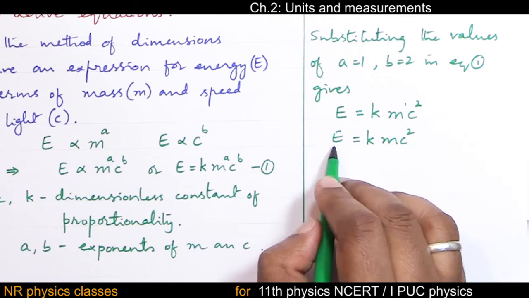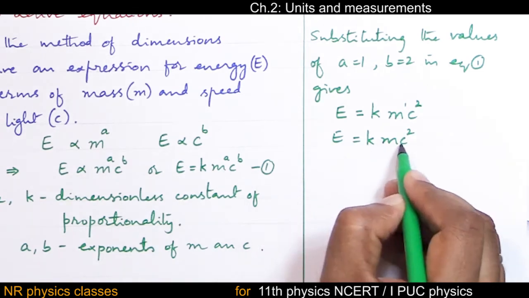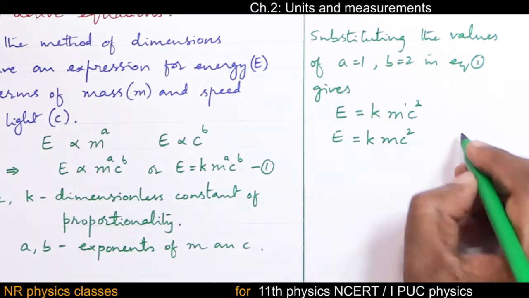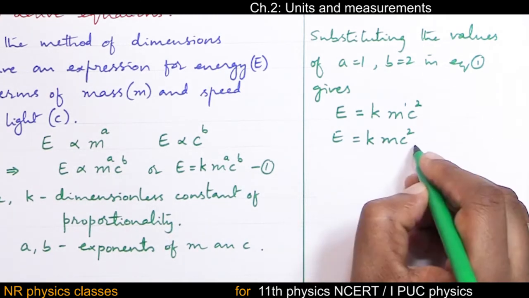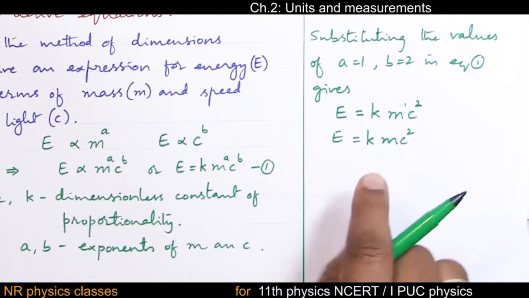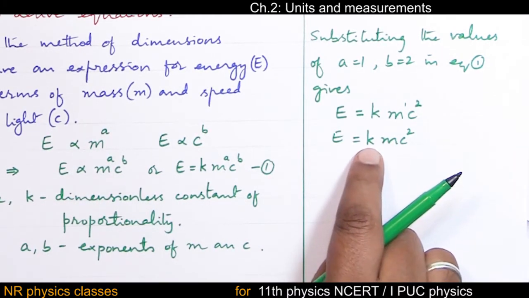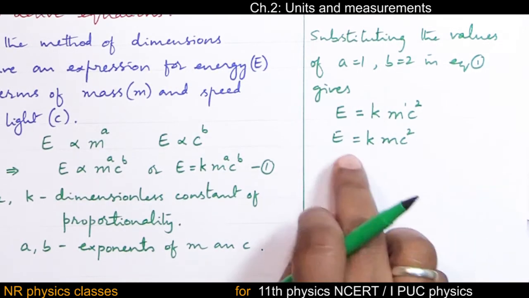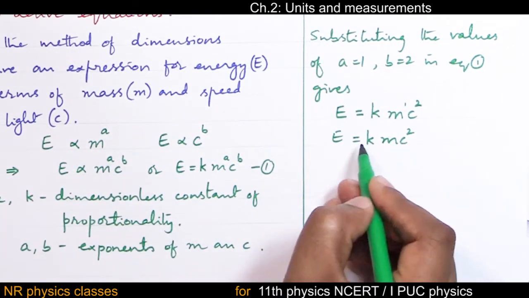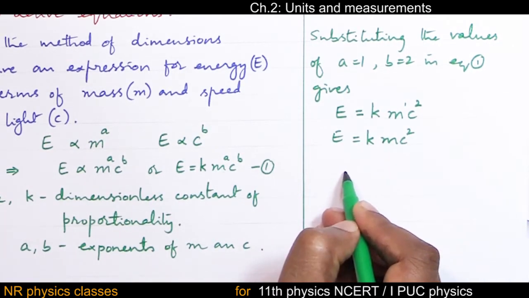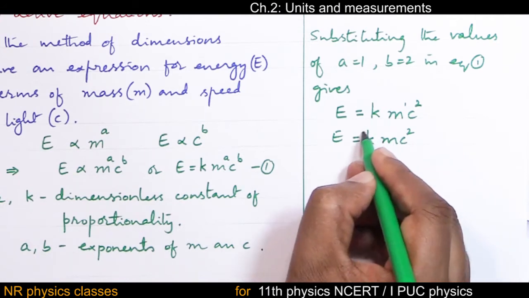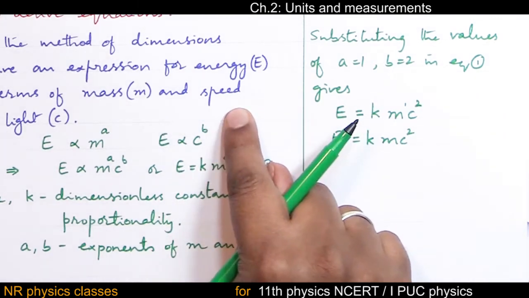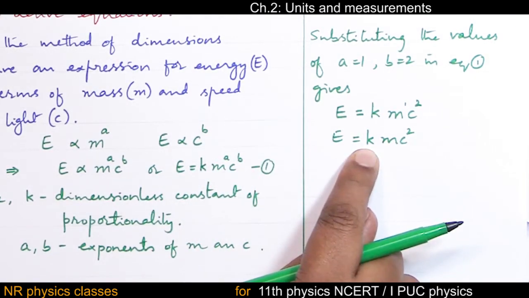Students, you are familiar with this equation, right? E equal to mc square, Einstein's equation. Since you know the equation E equal to mc square, you can predict that K equals 1. But if we don't know the equation, that is why at the end we have to mention that the value of K cannot be derived by this method, because this is the dimensional method and K is a dimensionless constant.